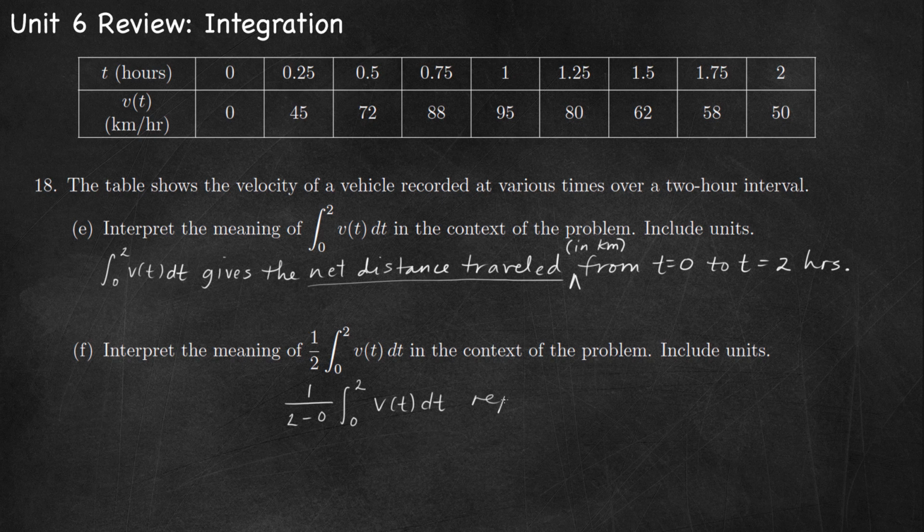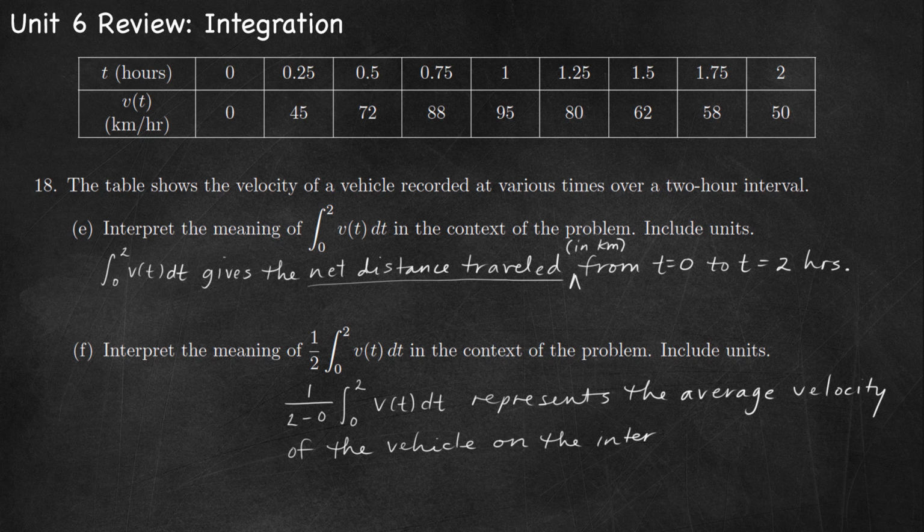So this represents the average velocity of the vehicle on the interval (0 to 2).